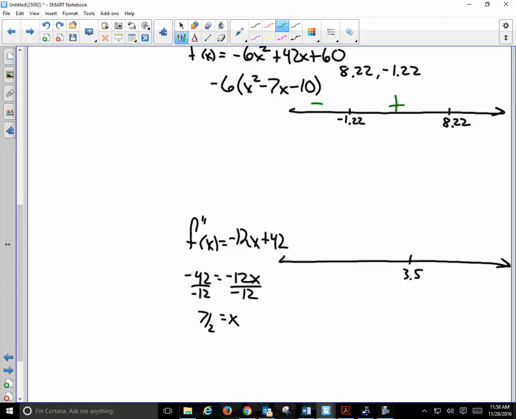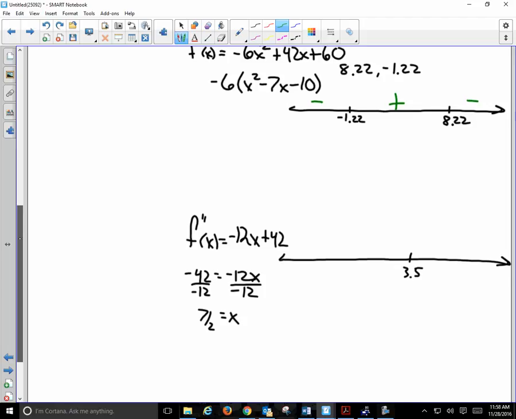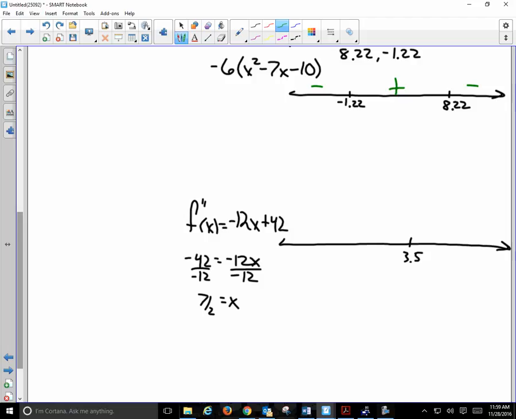Positive. Plug in 10, we get 100, minus 70 is 30, minus 10 is 20, times negative is going to be negative. What number is easy to plug in down here? 0, we get a positive. And then plug in 4, and we get a negative. Wow, that was easy.